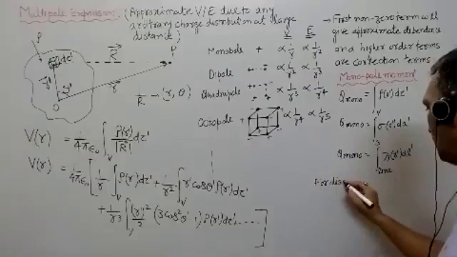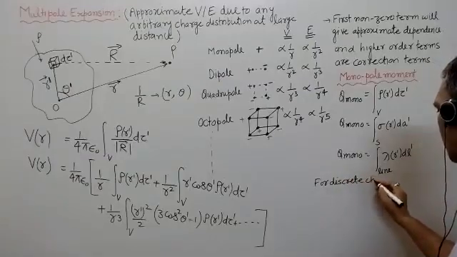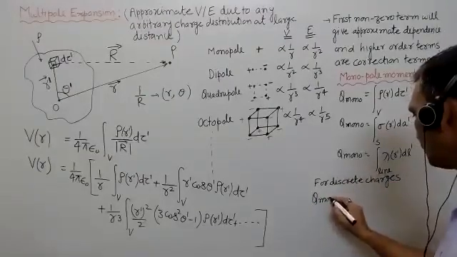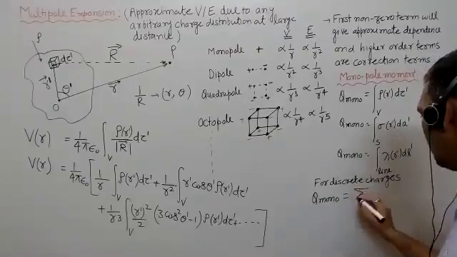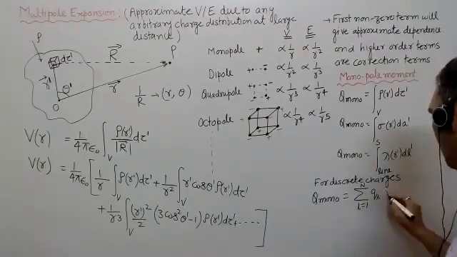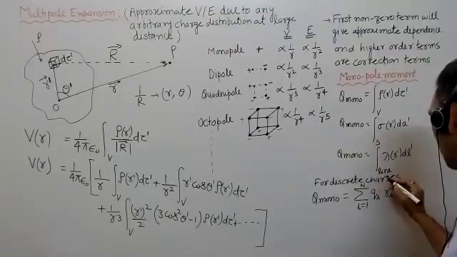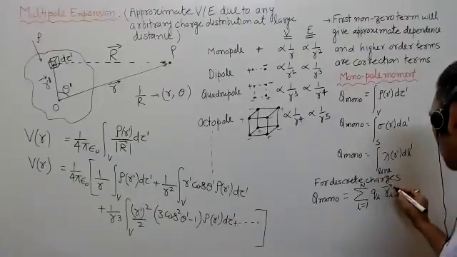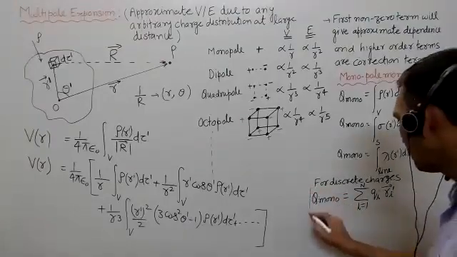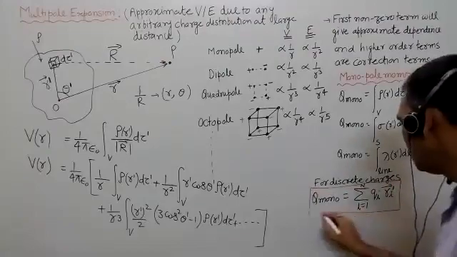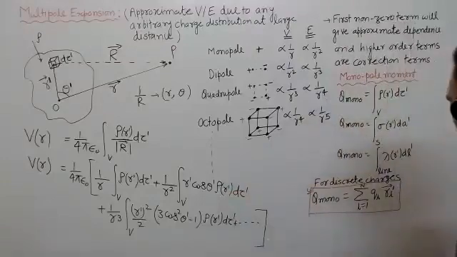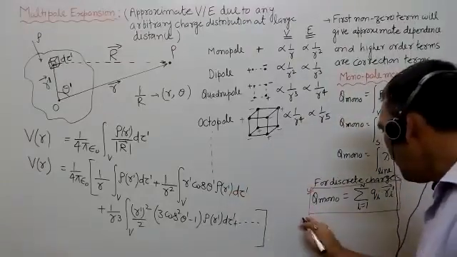And for discrete charges, Q mono is given by summation over i from 1 to N of Qi, where Qi is the discrete charge at different location. And what is Ri dash?